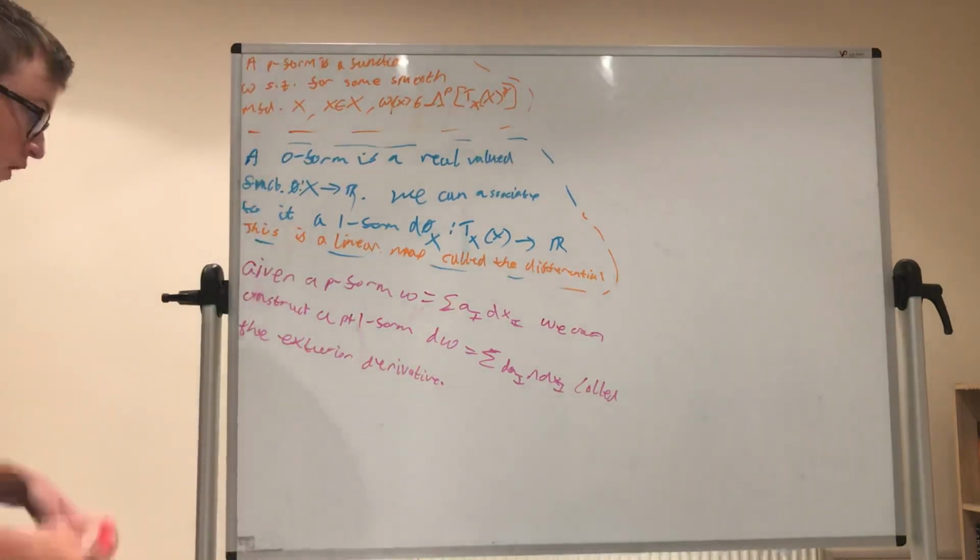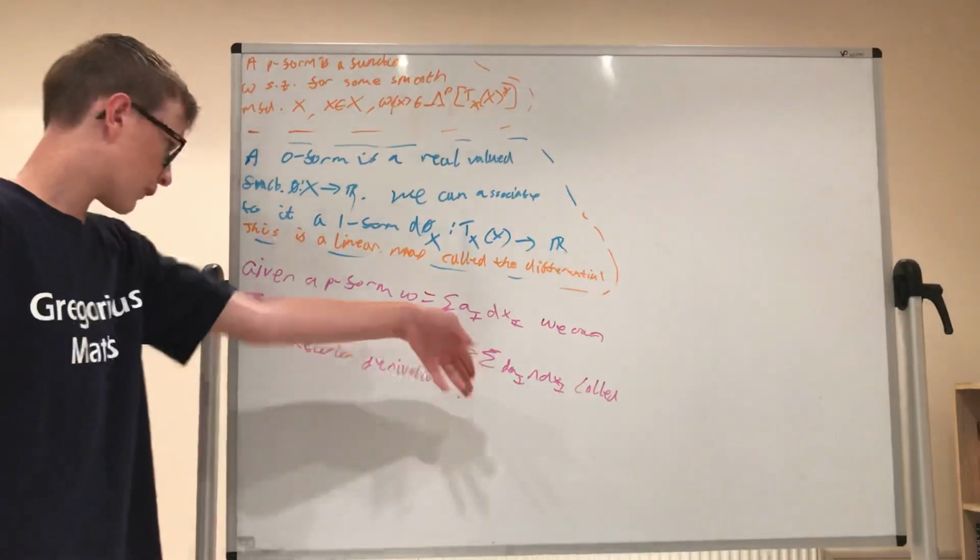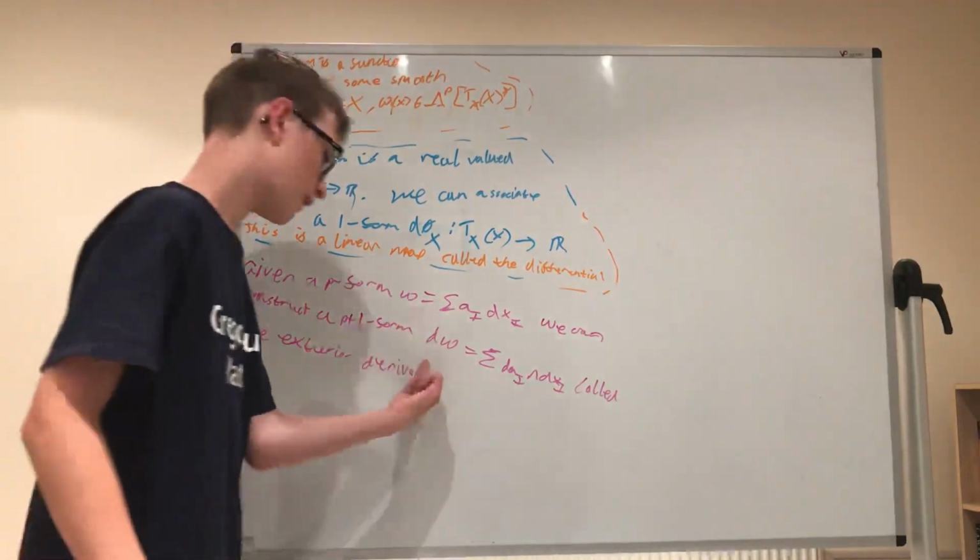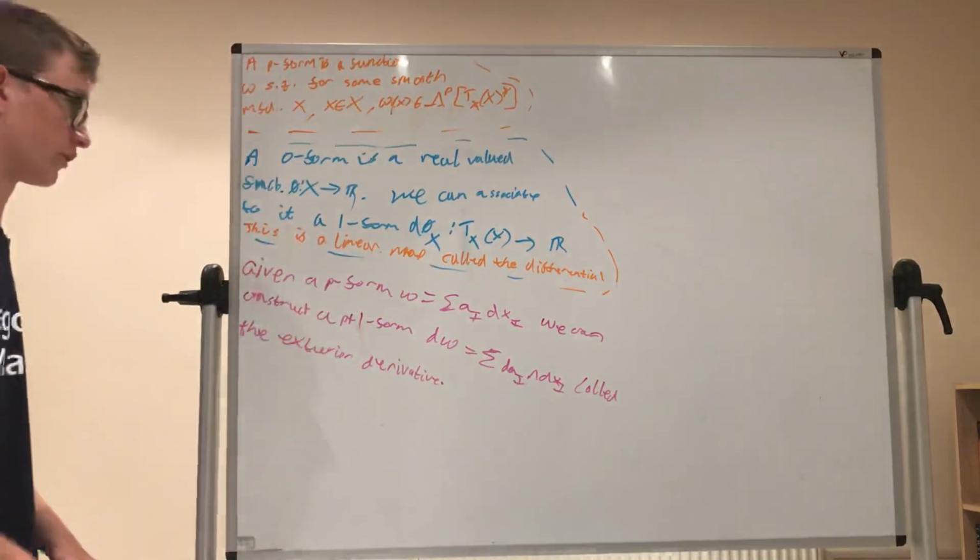Okay? So we can associate to every p form a p plus 1 form called the exterior derivative.